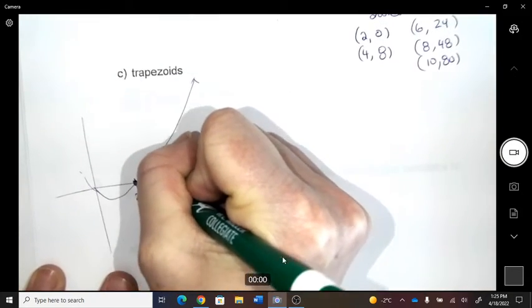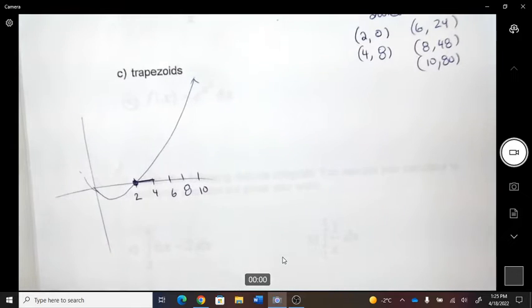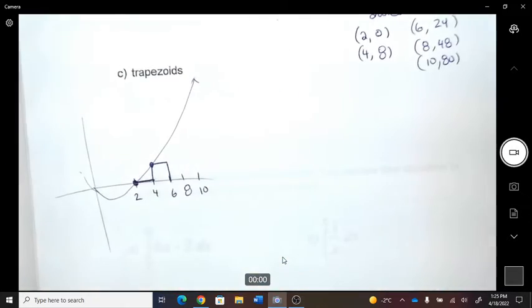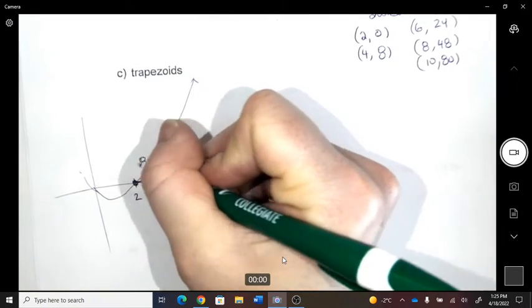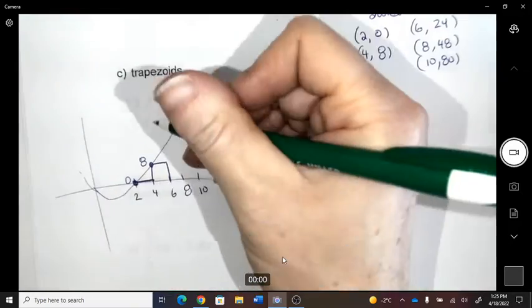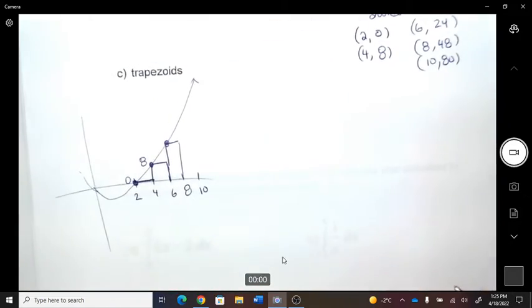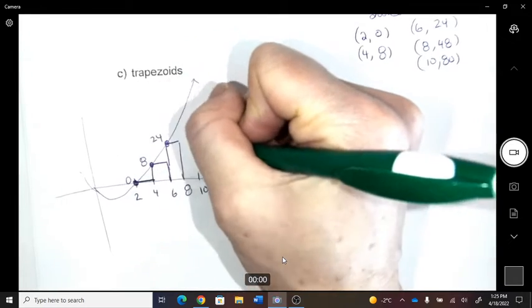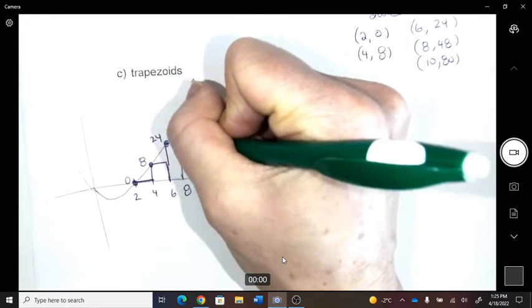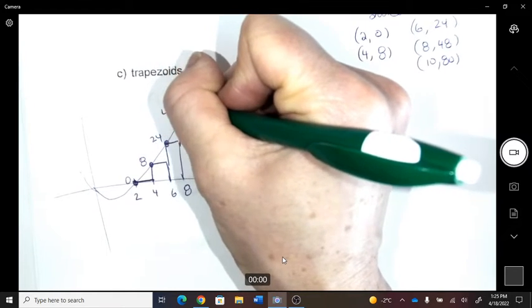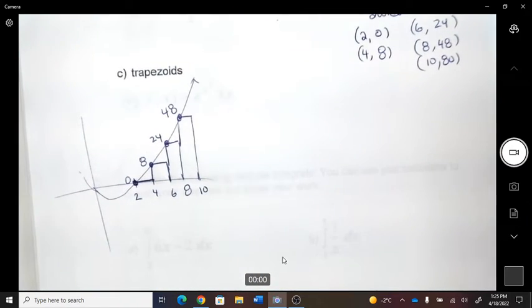The first rectangle will be actually flat. The next rectangle will have a height of 8, because the height of that one was 0. The next rectangle will be 24. The next rectangle will be 48. So that's rectangles from the left.